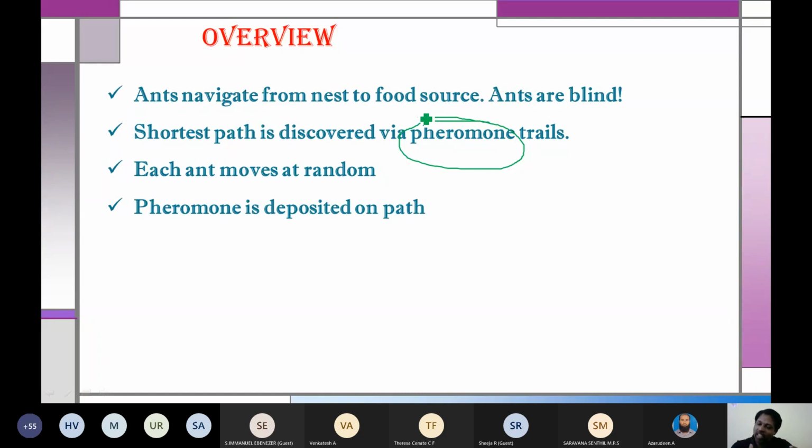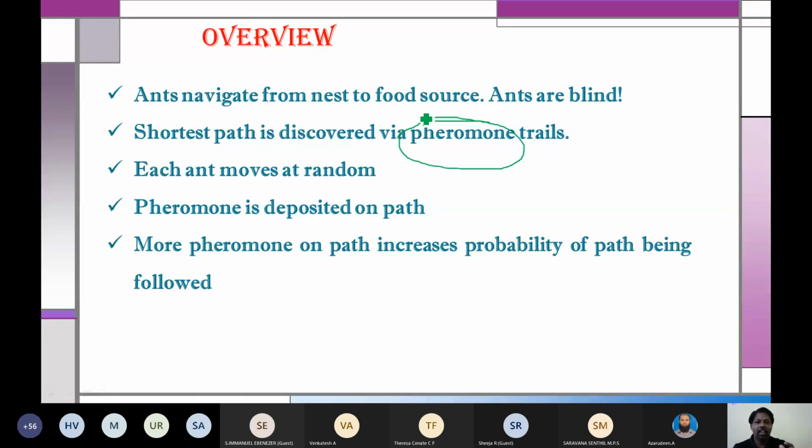Whenever an ant is moving, it will deposit a chemical called pheromone. If more pheromone content is there, then there is more chance for the next ant to follow that path. Whenever we are solving the problem, we'll always assume that all ants deposit the same amount of pheromone. When the number of ants changes, the pheromone changes: 2 ants means 2 pheromones, 10 ants means 10 pheromones.